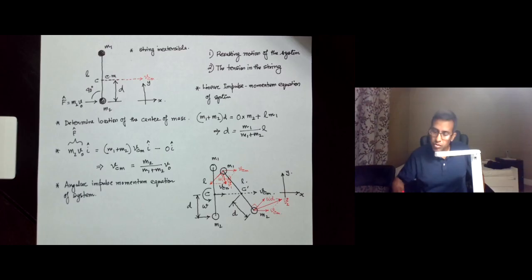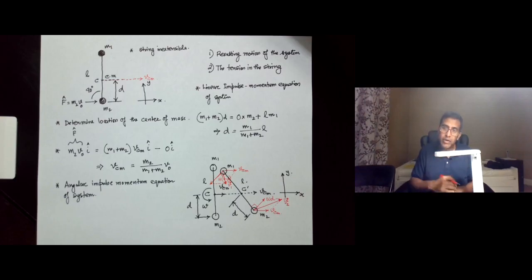So you can see that the overall motion of the two particles can be considered, for the sake of analysis, as a superimposition of the motion that is produced by the linear impulse momentum and the motion which is produced by the rotational or the angular impulse momentum.